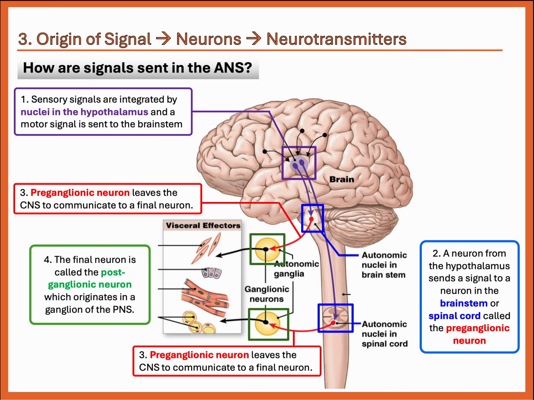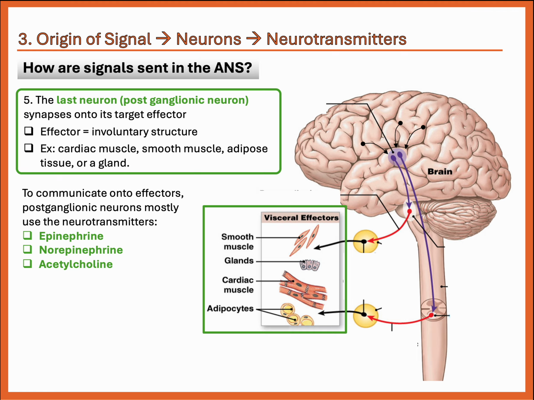This is our little layout that we have. The last neuron, this black neuron here that's exiting, that's called the postganglionic, because it's post, it's after the ganglia. This is pre, the red one is pre of the ganglia, right? The last one, the postganglionic neuron, synapses onto the target effector. So the effector is involuntary, right?